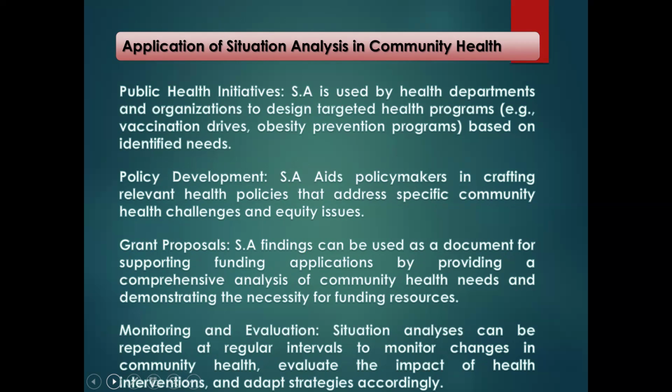Situation analysis aids policymakers in crafting relevant health policies that address specific community health challenges and equity issues. When you have had enough information about the community holistically, you do your SWOT analysis. From there, you can say, this is a likely policy that will help this community to thrive better.